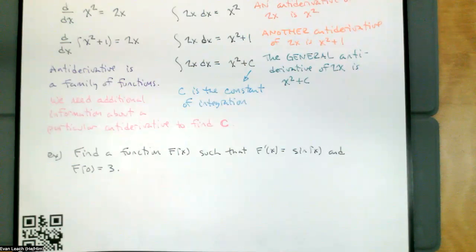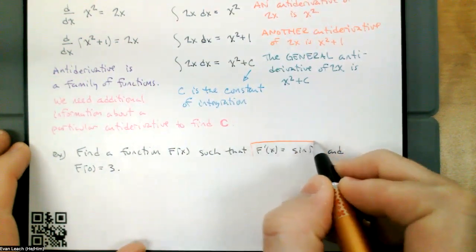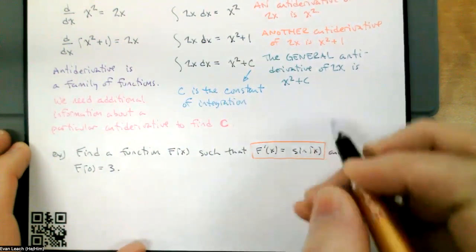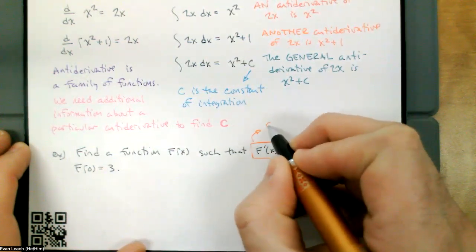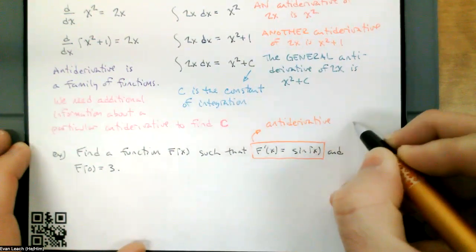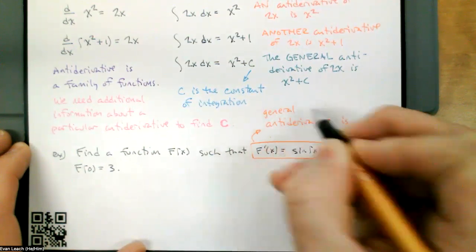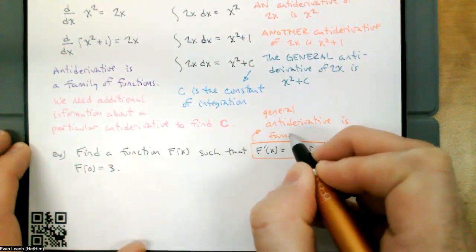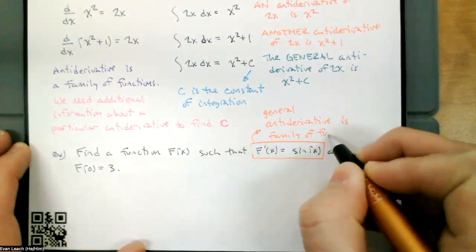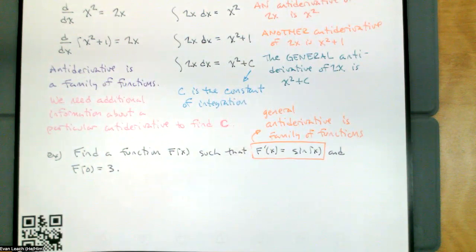Number 1, I've given you a derivative. From this, we'll find an antiderivative, a family of functions. So this is where we go for the antiderivative, the general antiderivative. That's going to identify an entire family of functions.